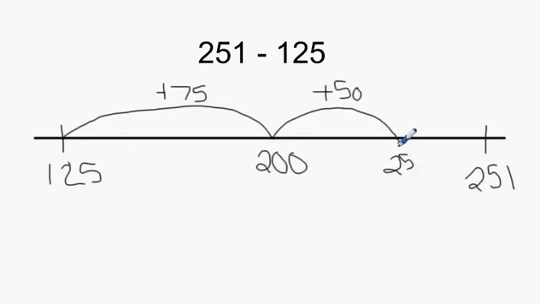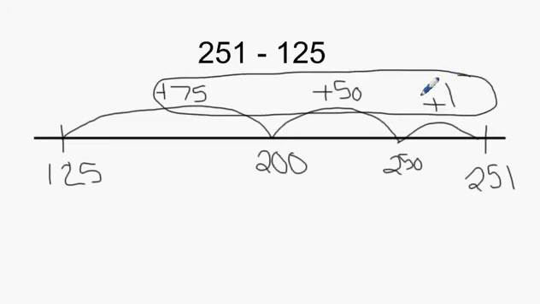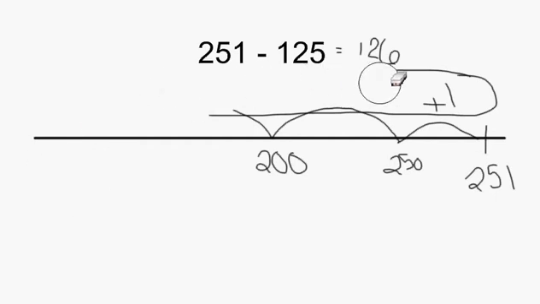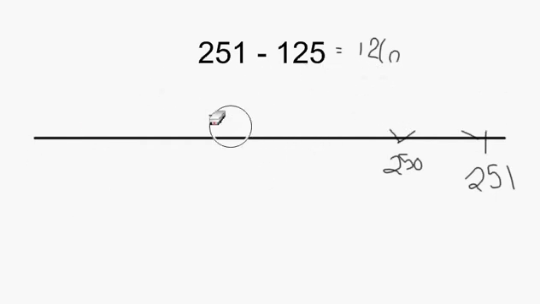And then you can add 1 to finish up. So all up here is the difference. If you add that up, you see 75 plus 50 is 125, 126. So that other way, you can do that. You don't have to do it that way, but that's just one different way.